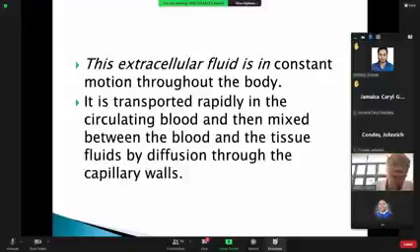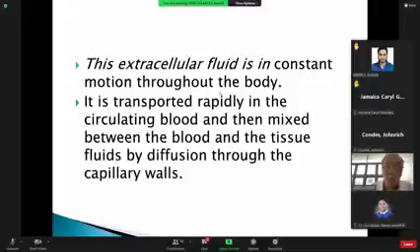It is transported in the blood and then goes into the tissues via diffusion through the capillary walls. Those materials suspended in the extracellular fluid are then transported into the intracellular component of the cell via diffusion through the capillary walls of our tissues.